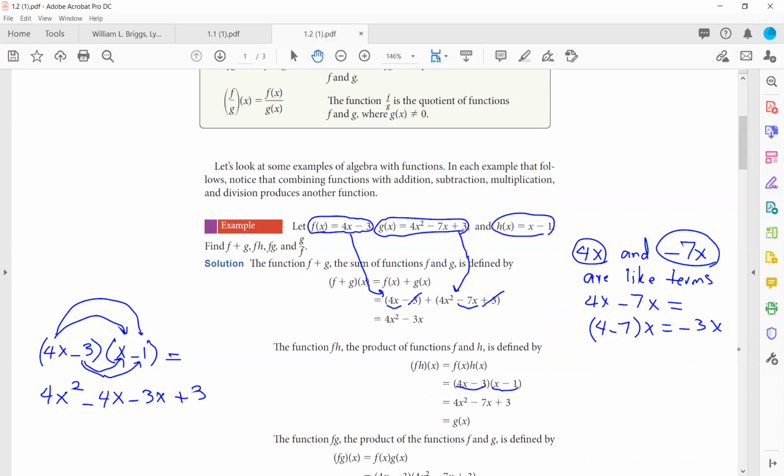As you can see, you have like terms, negative 4x minus 3x, which is negative 7x. We copy down the first term, 4x squared, minus 7x, plus the constant 3. 4x squared minus 7x plus 3, which in this special case is equal to g of x.